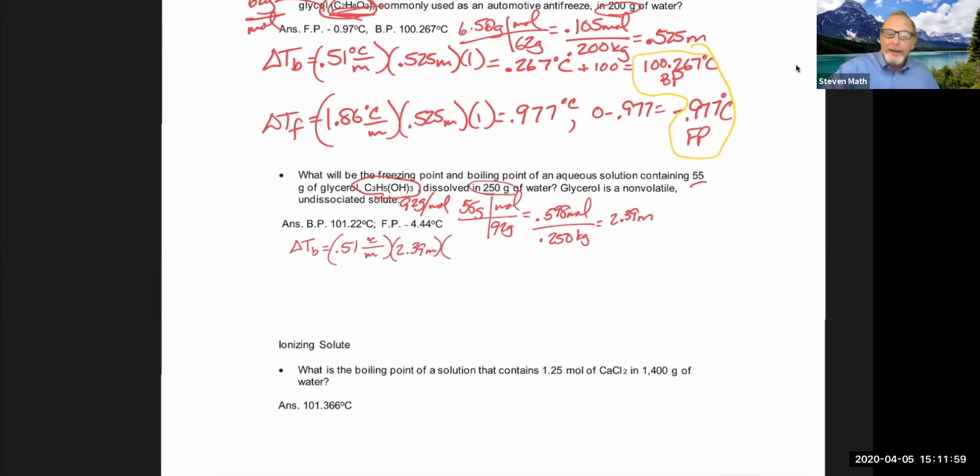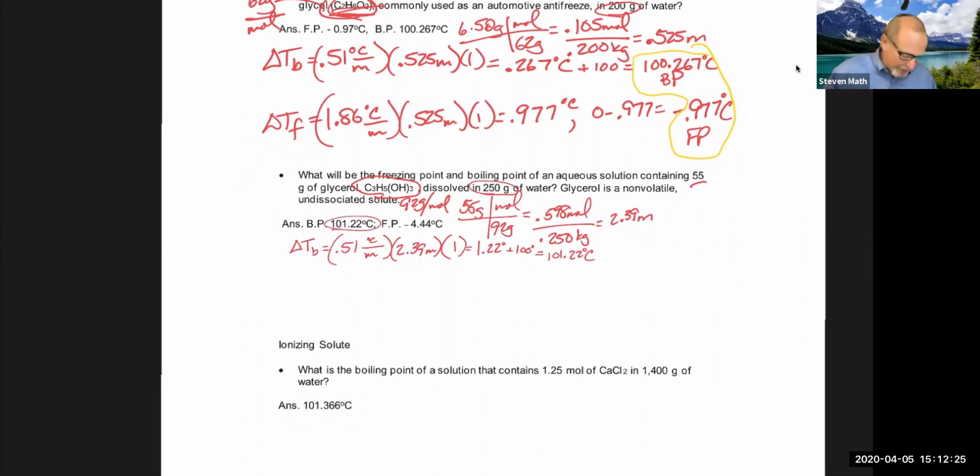And once again, C3H5OH3, very organic, very carbon-based. Therefore, i is going to be 1. I'm going to get a change in boiling of 1.22 degrees. Add that to 100, and we're going to get a boiling point of 101.22. That's what the answer said it was supposed to be.